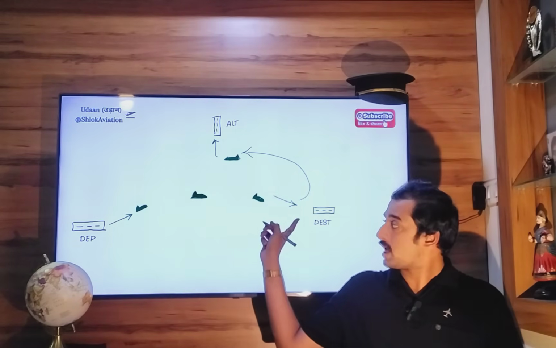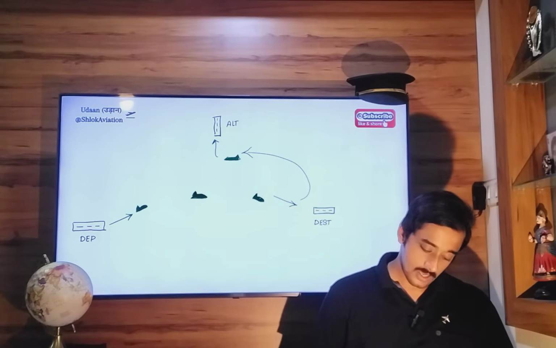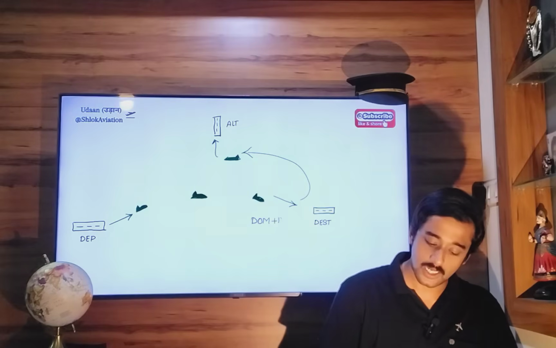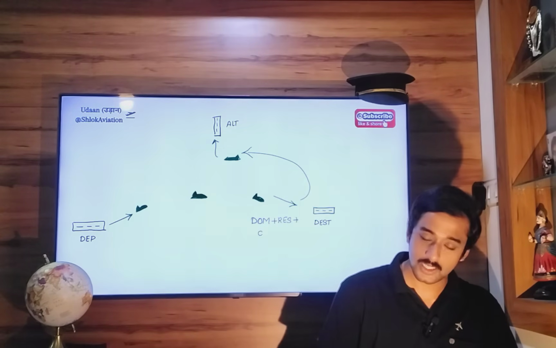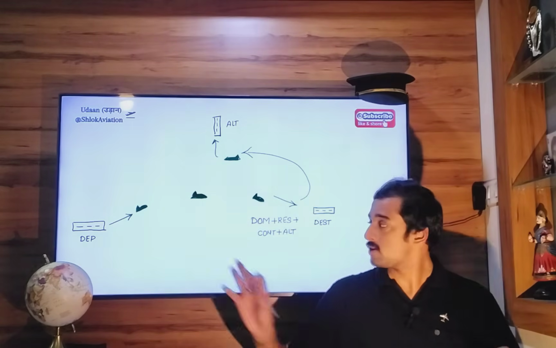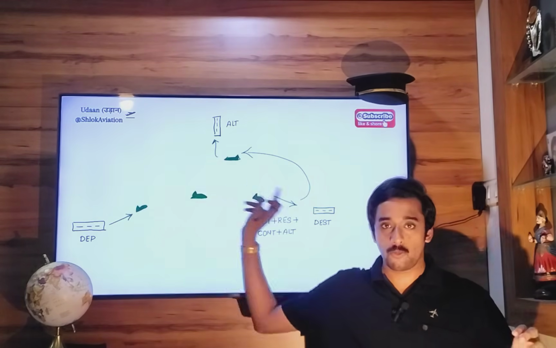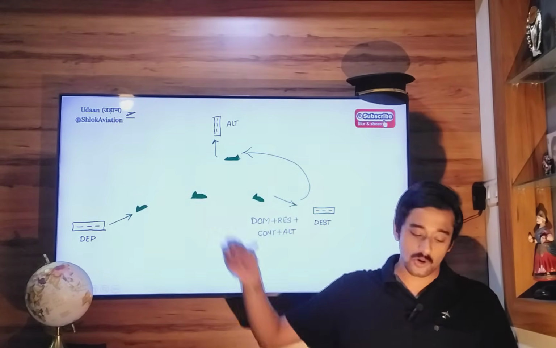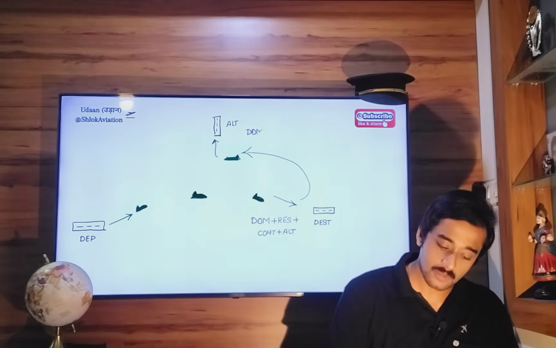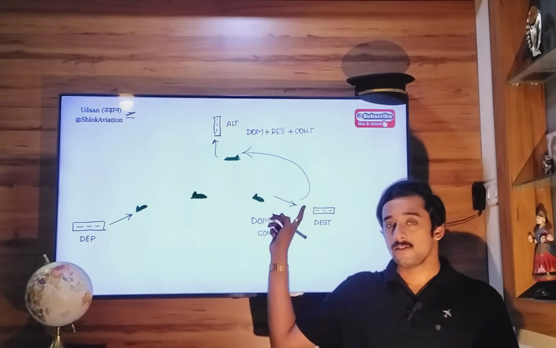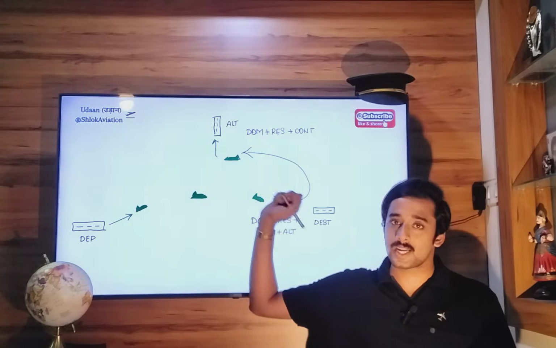Okay. So at the time of arrival at destination, the weight of this aircraft will be dry operating mass plus reserve fuel plus contingency fuel plus alternate fuel. Trip fuel will be consumed from going from point A to point B. So subtract trip fuel. Now when you go from here to the alternate airport, the weight of the aircraft will be DOM plus reserve fuel plus contingency fuel. You will use this remaining alternate fuel from going from this airport to the alternate airport.